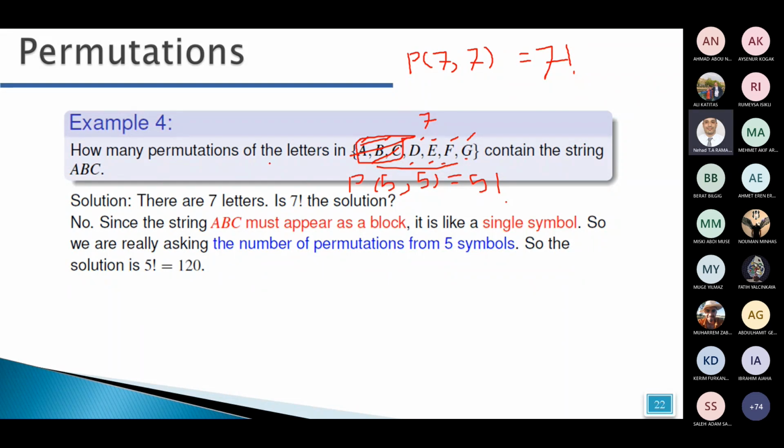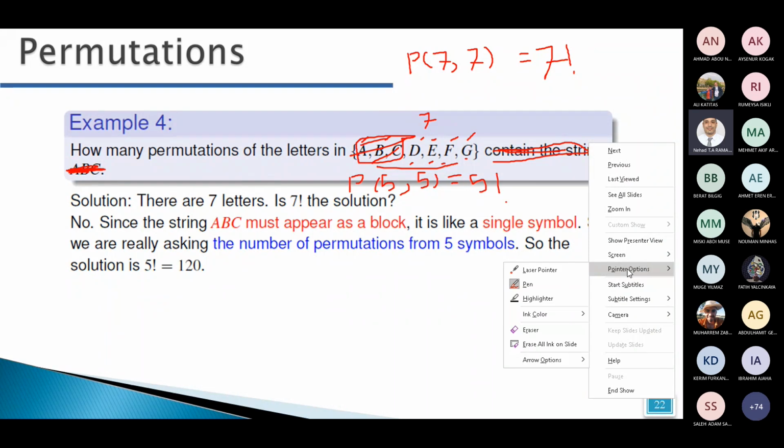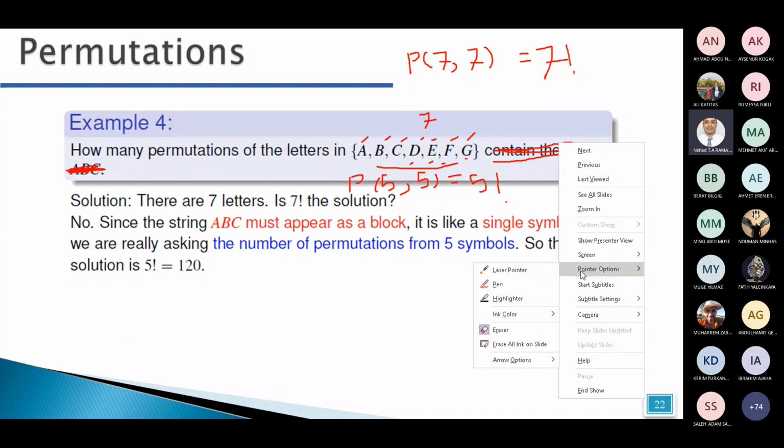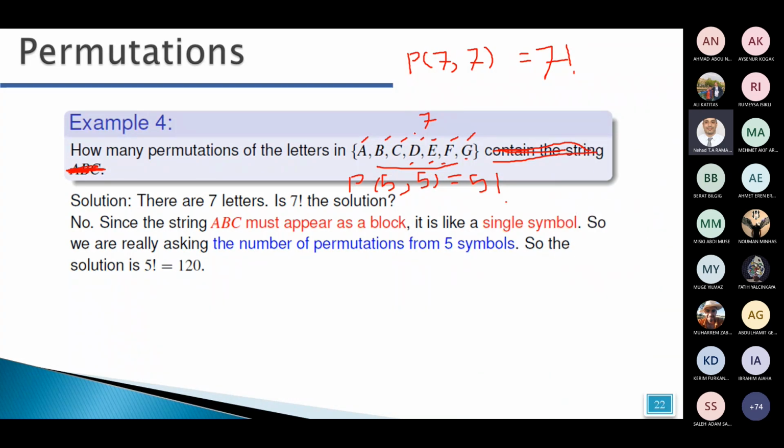But without this part, now ABC is not one symbol, it's not one block, it becomes three different letters. In this case, we have 7 different letters. I need them in order.